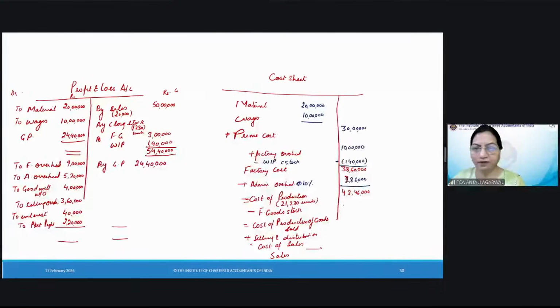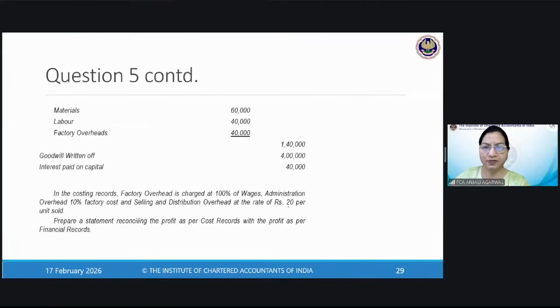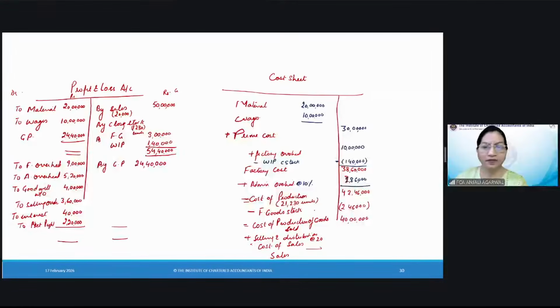So subtract the value of closing finished goods, 2,46,000, and the cost of production of goods sold comes out to be 40 lakhs. Add selling and distribution at the rate of 20 rupees per unit sold. So 20,000 into 20, 4 lakhs. So total cost of sales comes out to be 44 lakhs, and the sales is 50 lakhs. Therefore, the balancing figure of your profit comes out to be 6 lakhs.